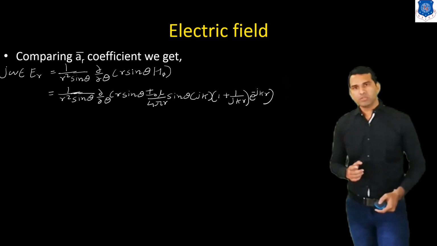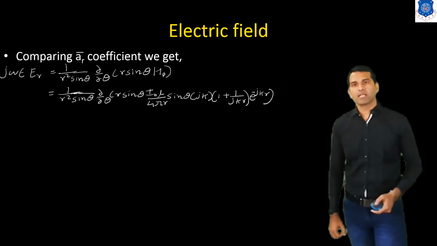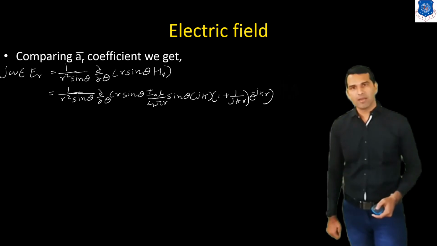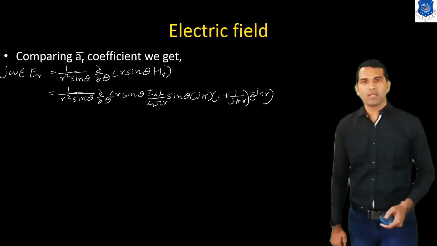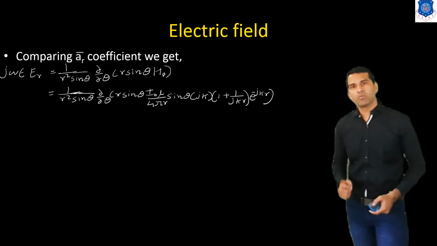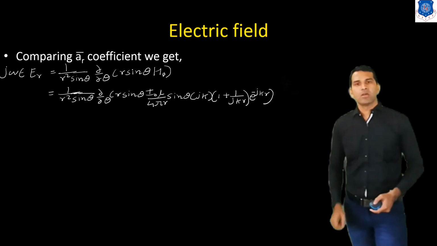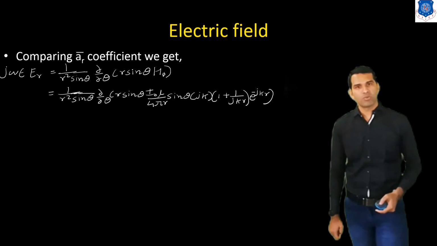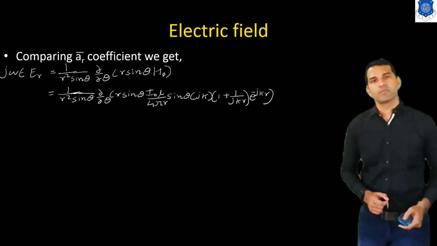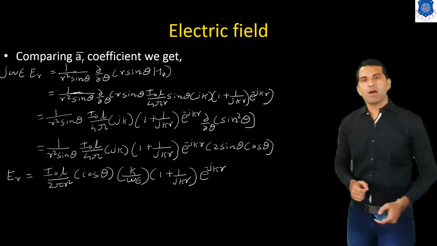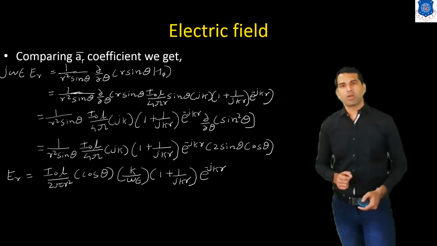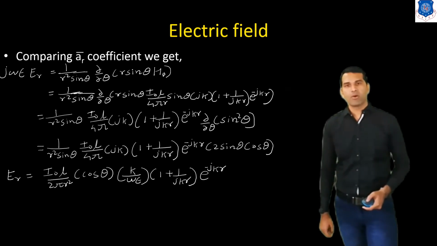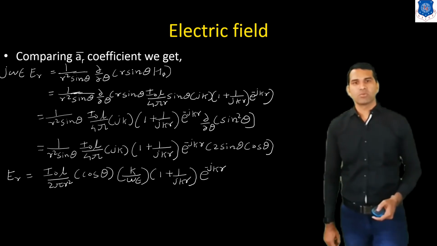Now when we solve this equation, we can write 1 upon r squared sin theta, del by del theta of r sin theta, and we put the value of H_phi, I0 L over 4 pi r sin theta, times jk, 1 plus 1 upon jkr, e raised to minus jkr.